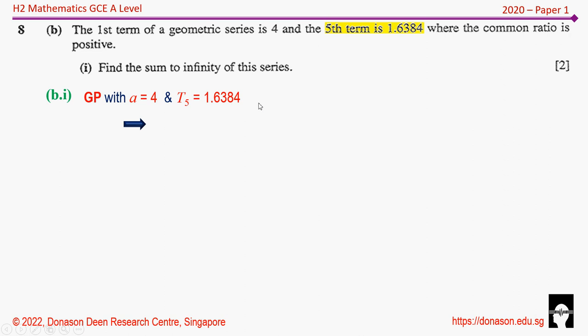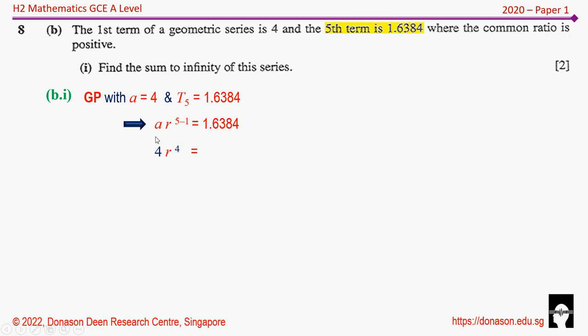The formula for the nth term of a geometric progression would be a r to the power of n minus 1, and of course we already have the a, which is 4, and the common ratio we do not know yet, so let's just keep it as r, to the power of n minus 1. In this case it's the 5th term, so 5 minus 1, equal to 1.6384.